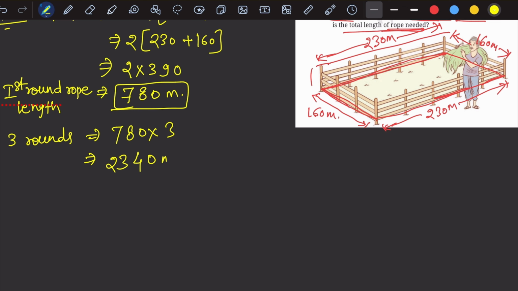This will be the total length for 3 rounds of rope. Okay, so this is our final answer.